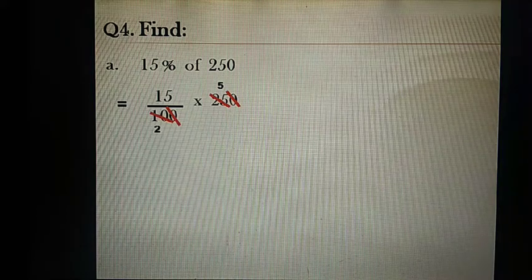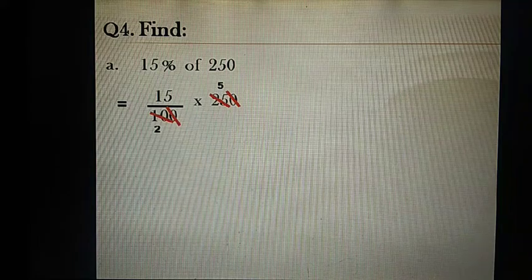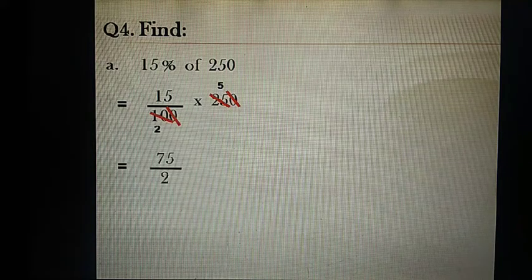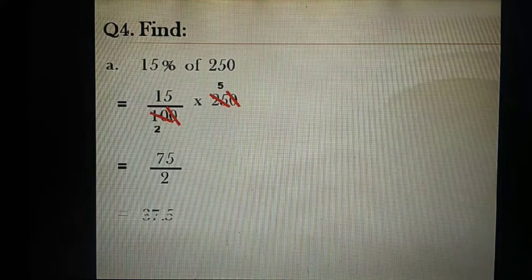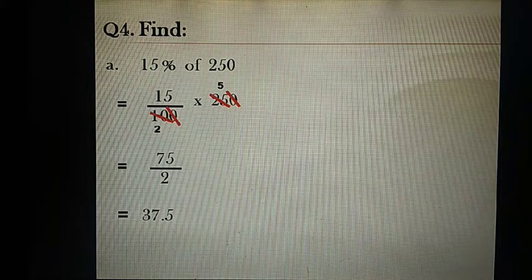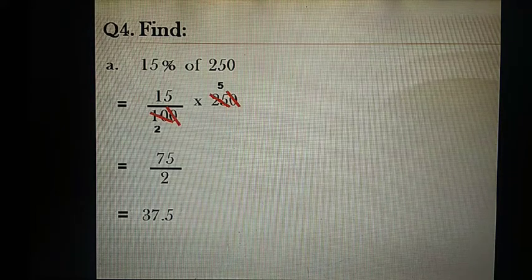No more further cancellation. Multiplying 5 with the numerator, you will get the answer as 75 upon 2, which you can further divide and write the answer in decimal as 37.5. I hope you all know how to divide the two numbers and get the answer in decimal.